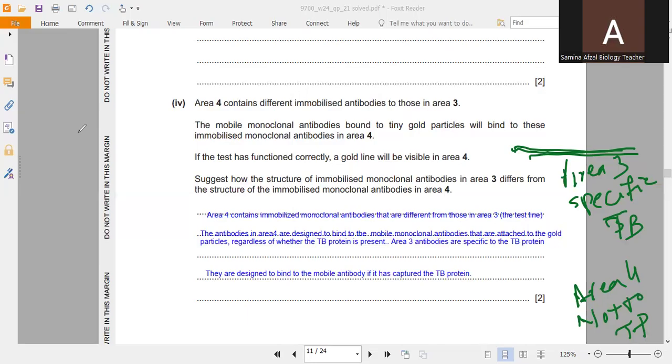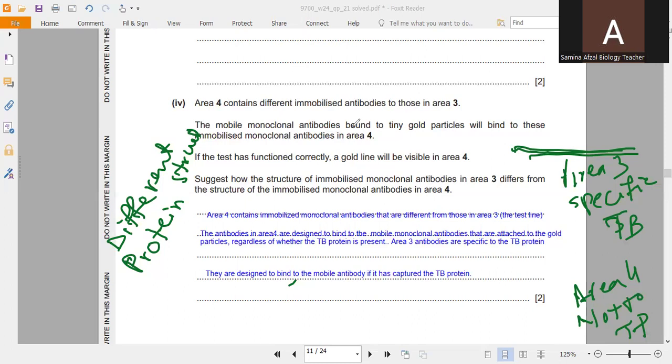Area 3 antibodies are specific to the TB protein, so they bind to the mobile antibody if it has captured the TB protein. They have different protein structures, and that is the reason they are meant for different purposes as well. Their function is different, so they have different structures.